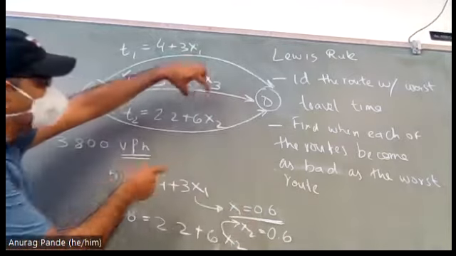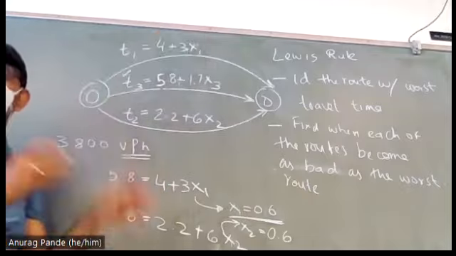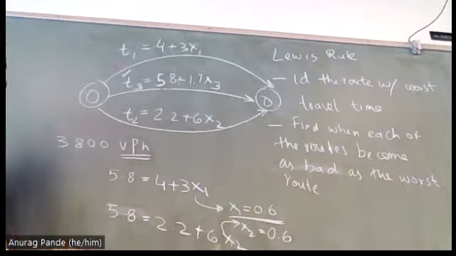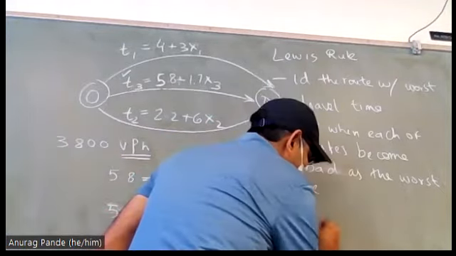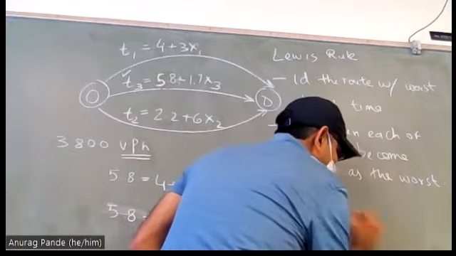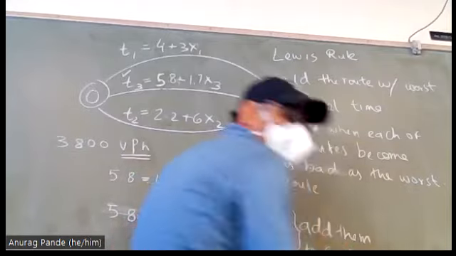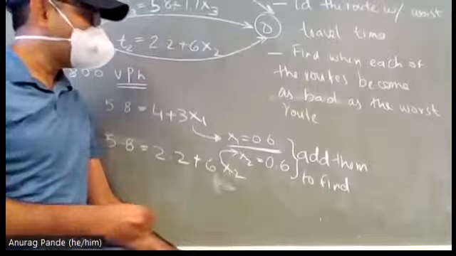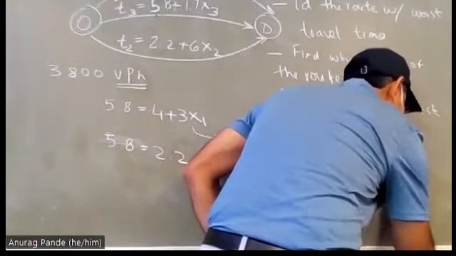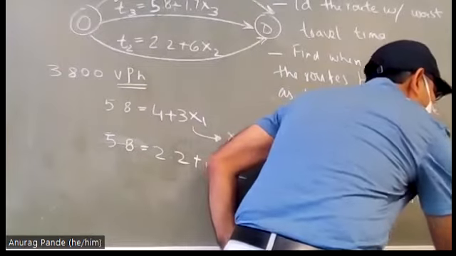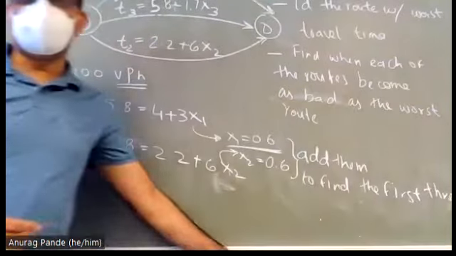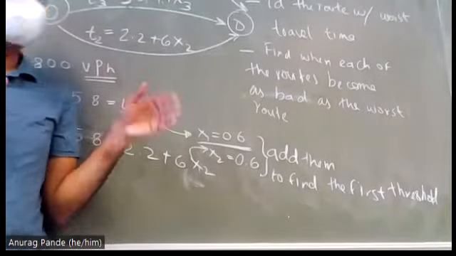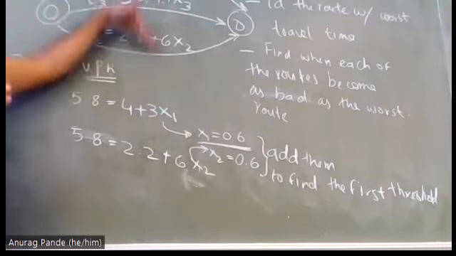You add both of them together, because that is the total demand at which route 3 starts to matter. So we add them together to find the first threshold at which all 3 routes will be competitive.